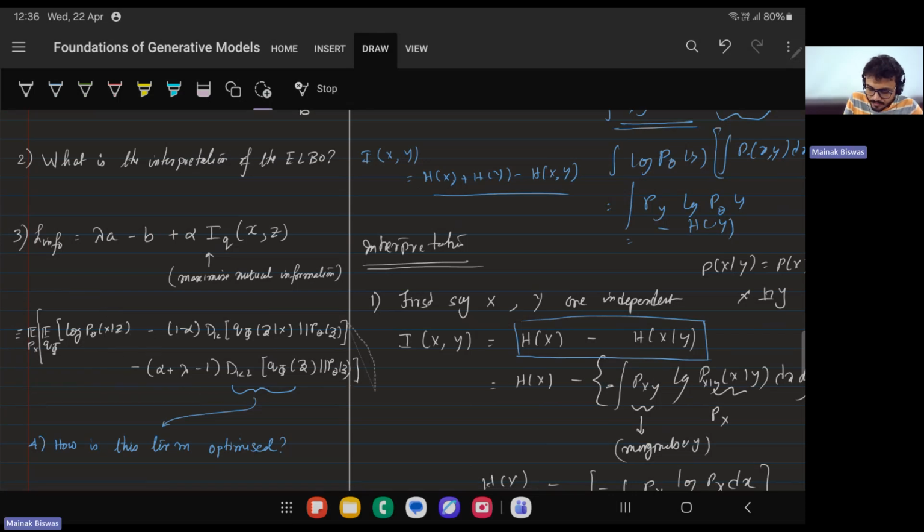I'll copy the equivalent objective of the info-VAE.